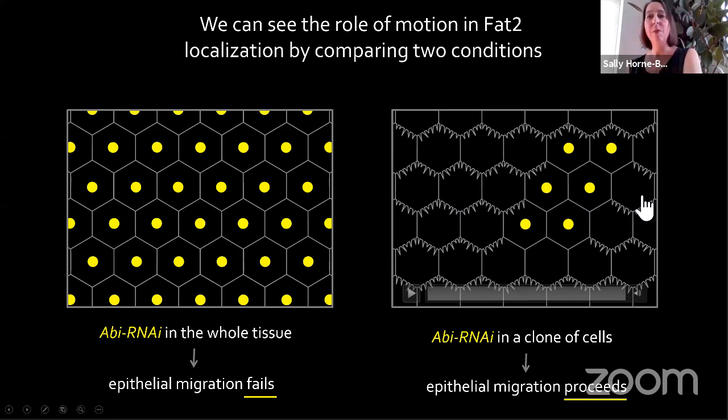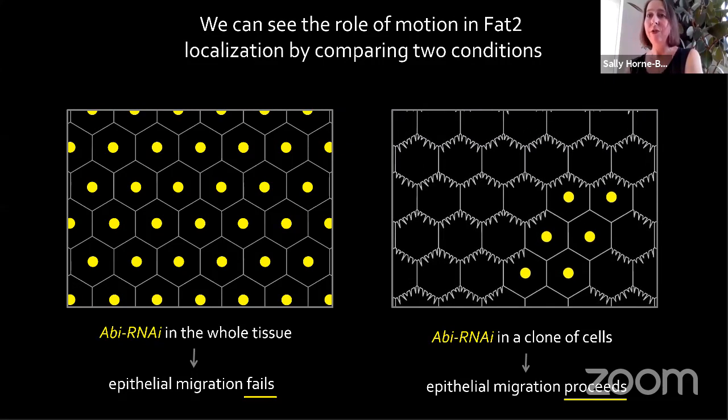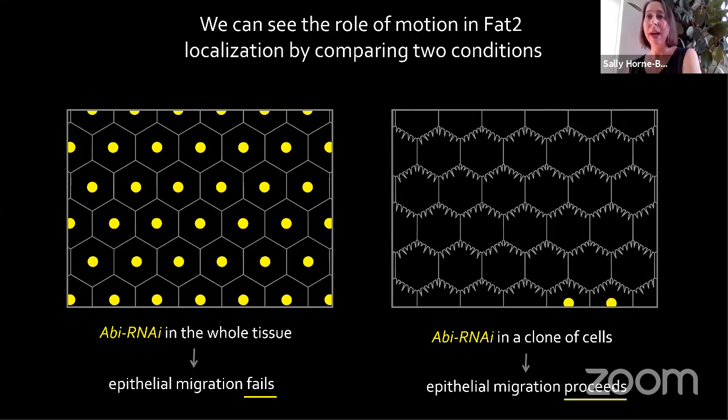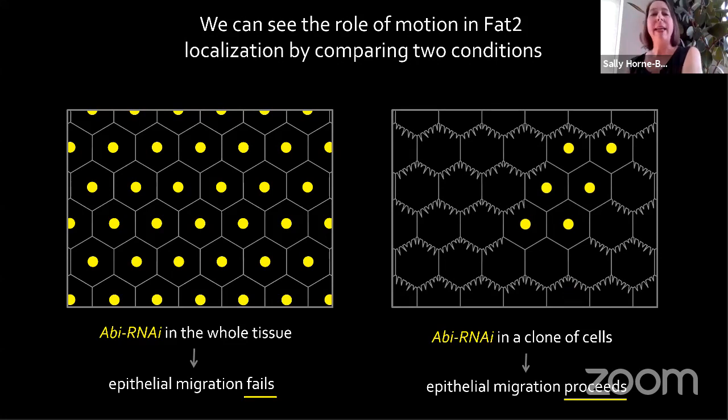Because in this case, you remove the protrusions from those cells, but the protrusions on all the rest of the cells allow the tissue to continue to migrate, and you just carry those non-protrusive cells along the migration path. Their wild type neighbors are basically just carrying them. Okay, so what that means is if you see a phenotype in the first condition that you do not see in that mutant clone, you know that that phenotype is caused by the loss of tissue motility, not by the loss of the SCAR/WAVE complex.